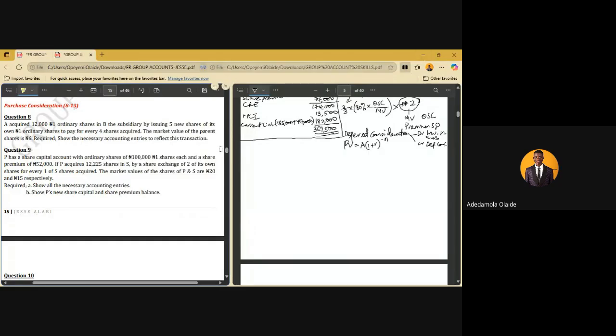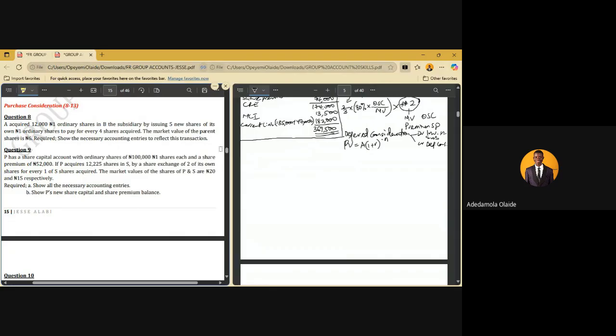Contingent deferred consideration is a consideration that will be paid at a future date based on the occurrence or non-occurrence of an event that is outside the management's control. So it's just like saying, okay, we want to buy the subsidiary now, but what we'll pay you for this acquisition is maybe what the share price is saying in 3 years' time.